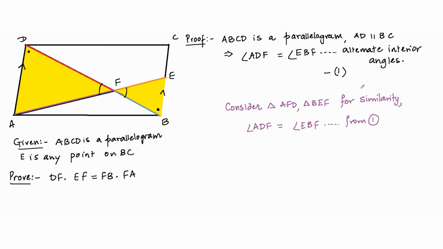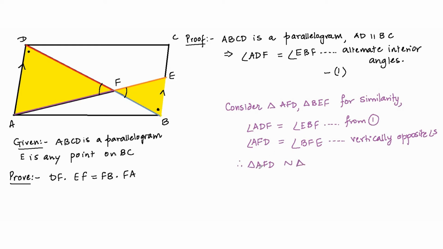We have already written the justification there, so we need not repeat it over here. And also angle AFD is equal to angle BFE. This is because of vertically opposite angles.